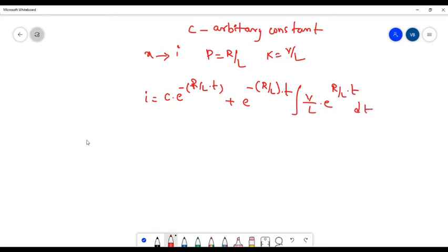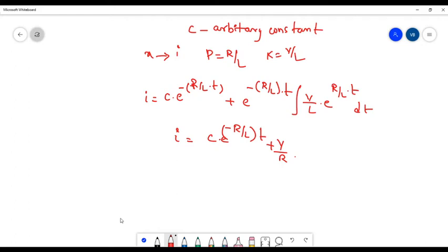If we simplify this, we get I equals c into e power minus R by L into t plus V by R. Here the e power terms cancel, and V by L gives V by R.